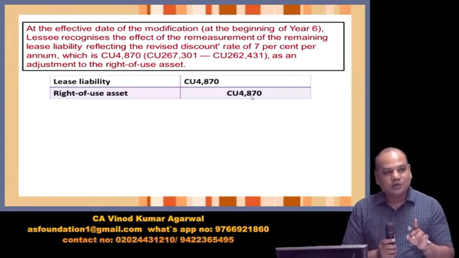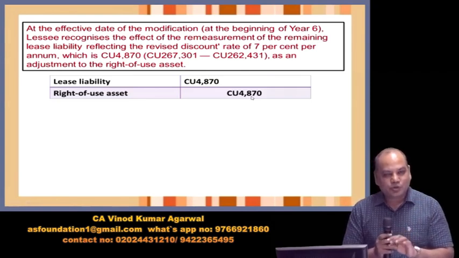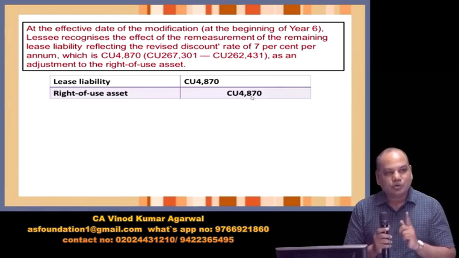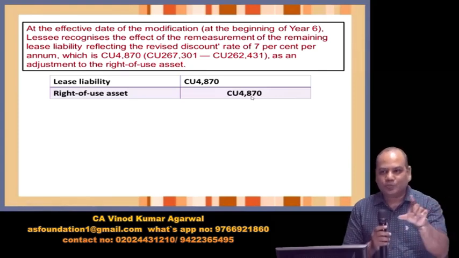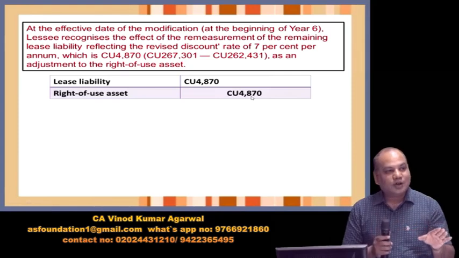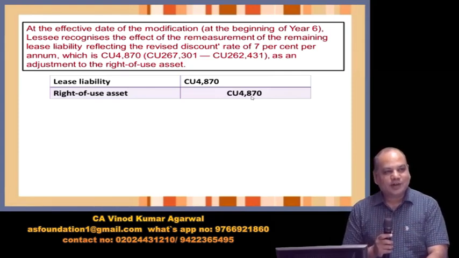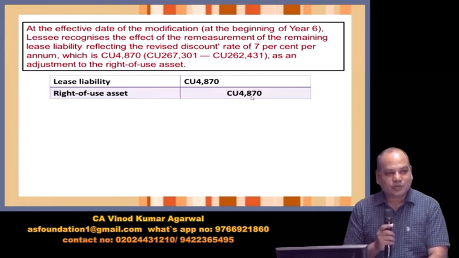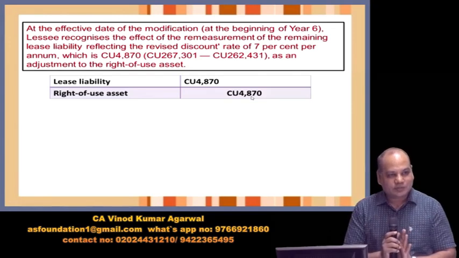Then calculate the reduction in the liability due to change in the lease term using original discount rate. That difference will go to P&L account. Calculate the liability using revised discount rate. That difference will be adjusted in carrying amount of the asset. This will be the answer for revised lease term.